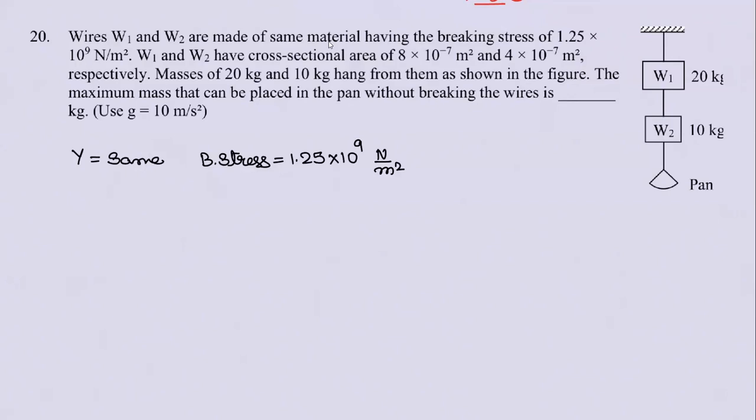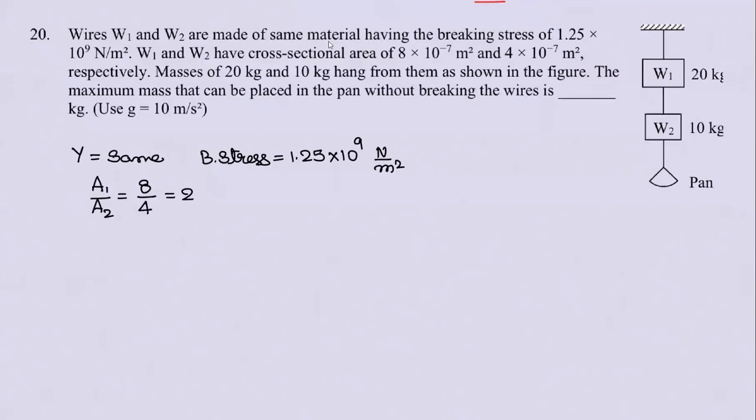Both are made up of the same material, and breaking stress will be the same for both. W1, W2 cross-section area is given. A1 by A2, let us take the ratio, will be 8 by 4, 2. Maybe the ratio may not be useful. We'll see. Masses of 20 kg and 10 kg hung from the shown figure. The maximum mass that can be placed in the pan without breaking the wire is.